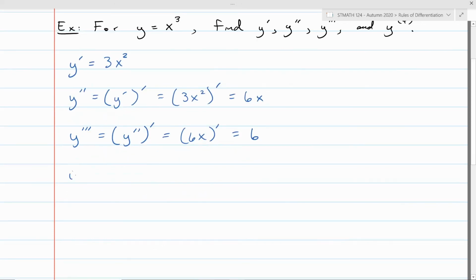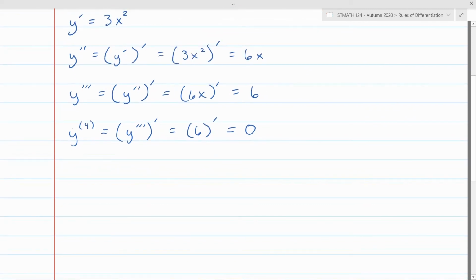And the fourth derivative means take the third derivative and take the derivative of it. So that would be the derivative of 6, and you get 0. Now, once you hit 0, all the derivatives after that are going to be equal to 0 too. The fifth derivative would be the derivative of 0, and you'd get 0. So I could say all the derivatives from 4 to infinity are equal to 0.